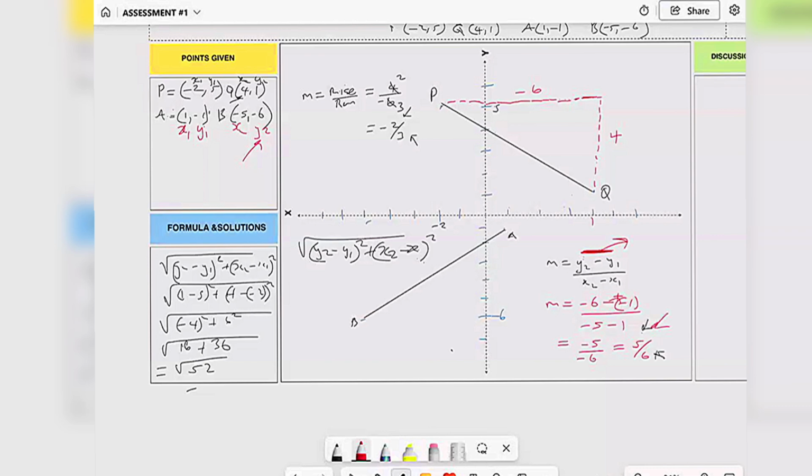So I could just say the square root of 5 squared plus x2 minus x1, which I would have already worked out down here, that's 6 squared. So then I could just say 25 plus 36, and my answer would have been the square root of 61 units.